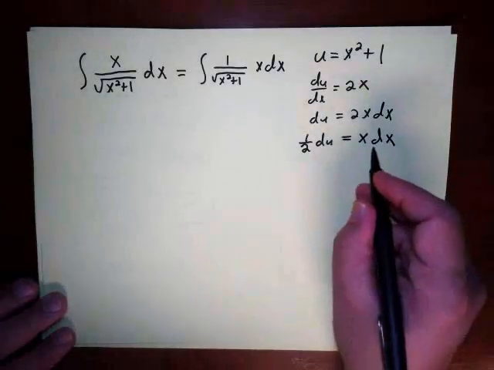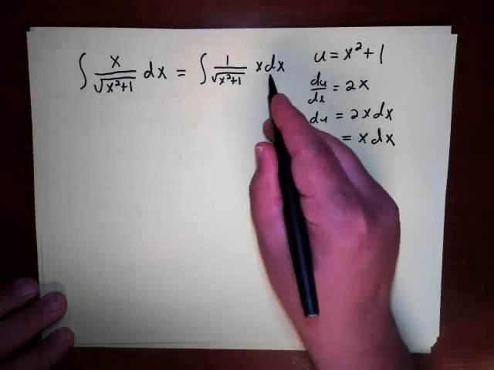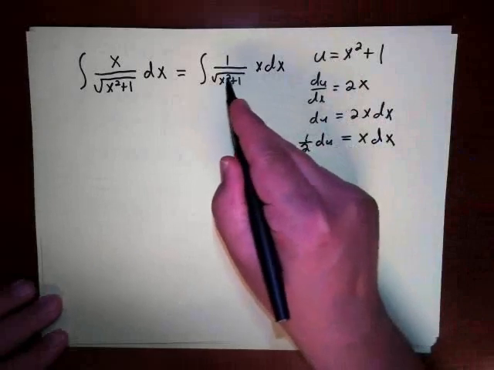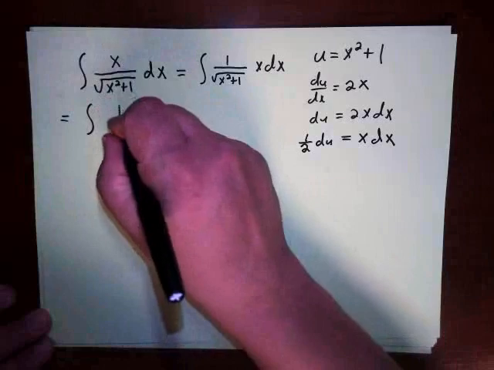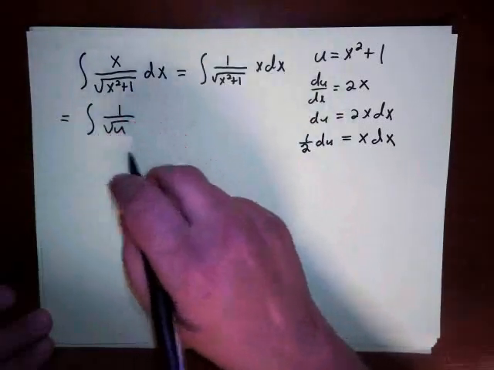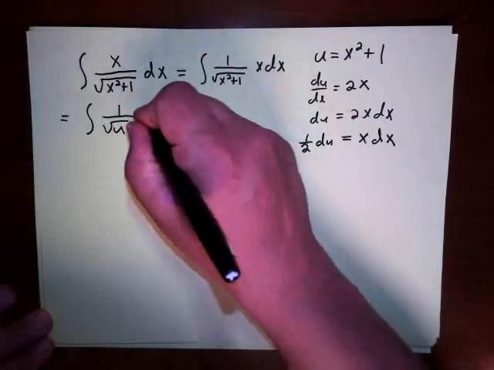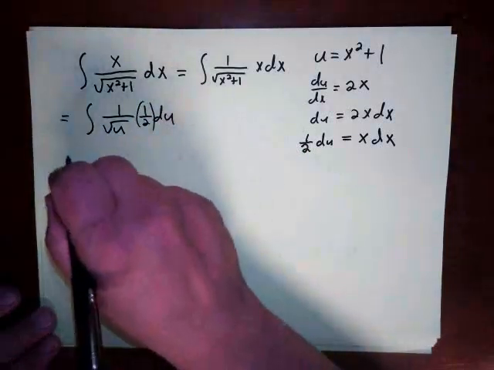And so now I can substitute 1/2 du for this, and then I can substitute u for that, and this becomes 1 over the square root of u, and then I have the 1/2 du, right, like that. That's just a constant multiple.